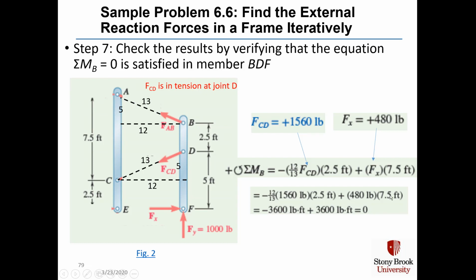And we look at that equation and we get minus 3600 plus 3600 equals 0, which means that the moments really are 0 around point B and that member BDF is in equilibrium.